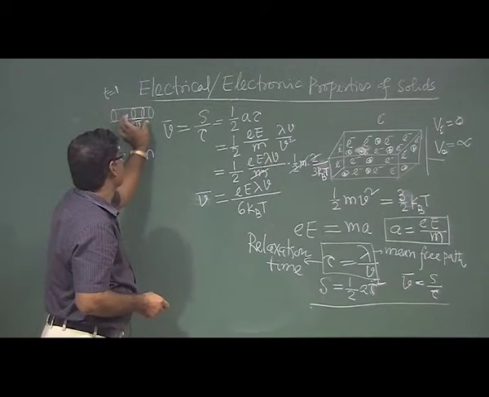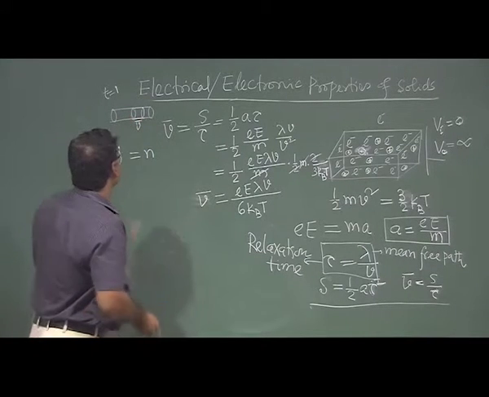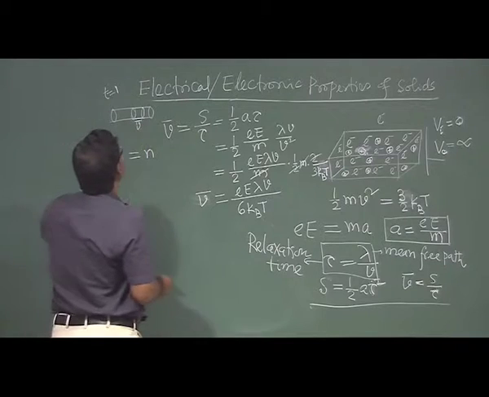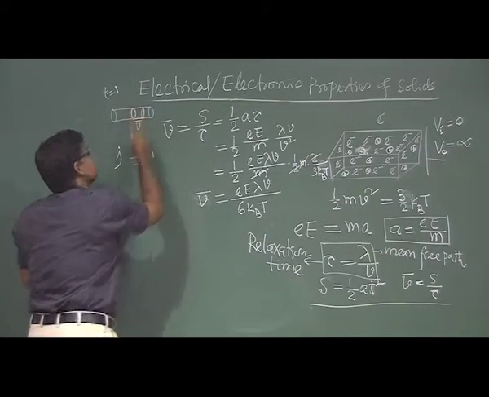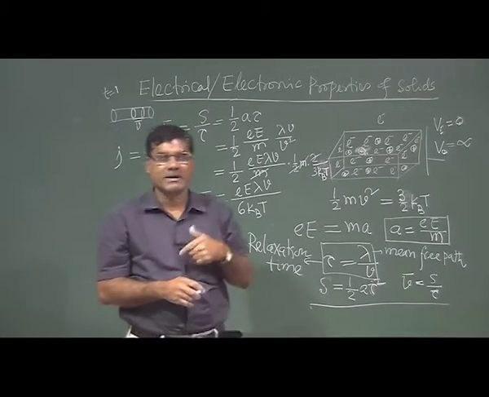So, in 1 second the electron traverses this length, which is v bar.